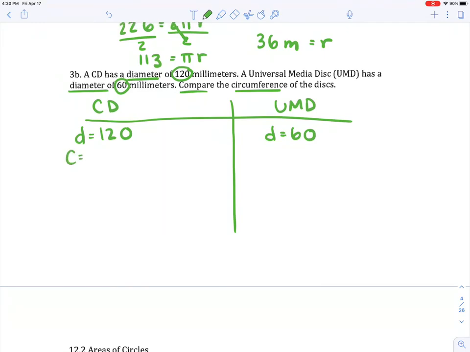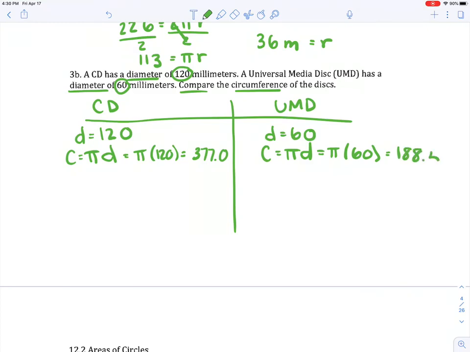Well, I see that I'm using diameter, so I'm going to use the circumference formula that has diameter. 120 times pi gives me 377.0 for my CD. And now I'll solve for the UMD. Pi times 60 gives me 188.5.